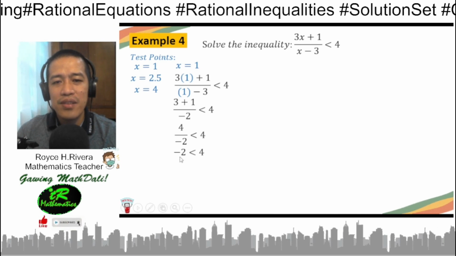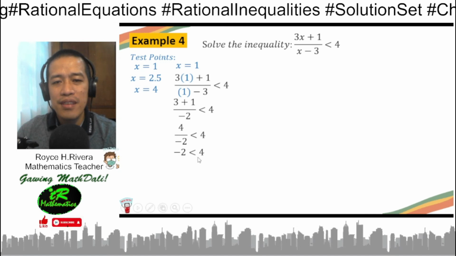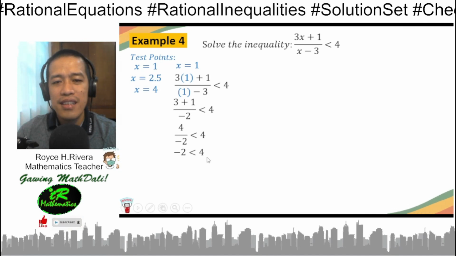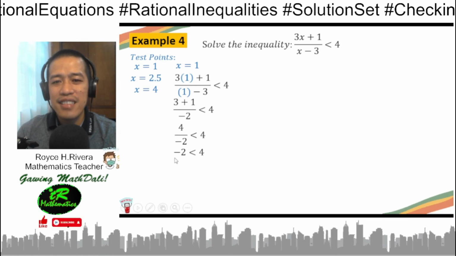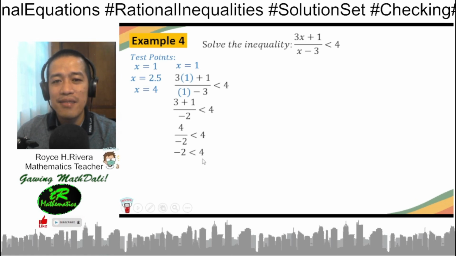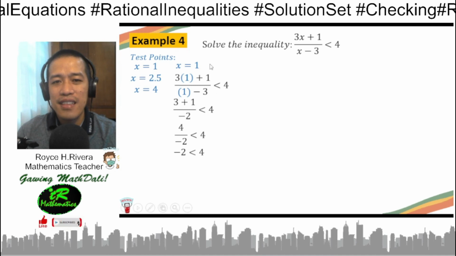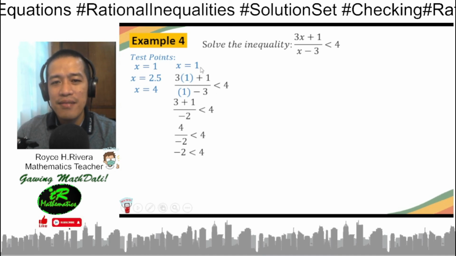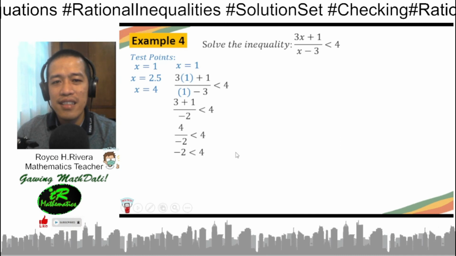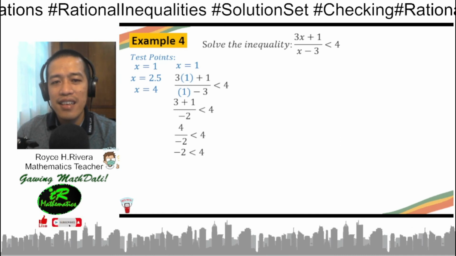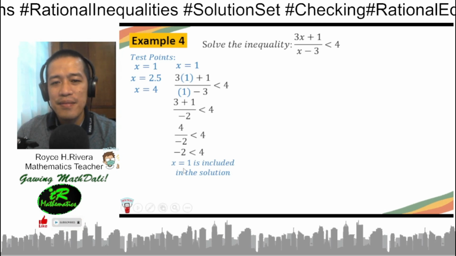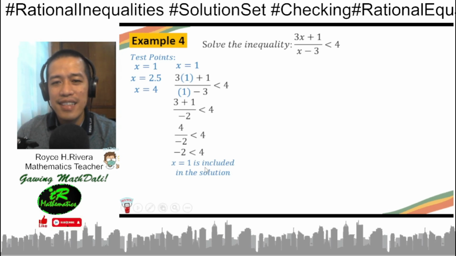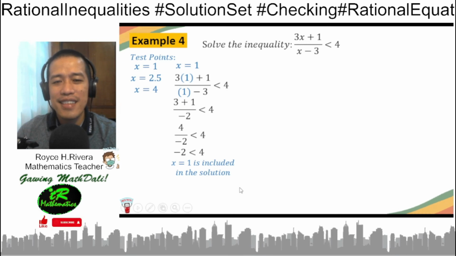The ratio negative 2 less than 4 is correct. Negative 2 is less than 4. Therefore, the value x equals 1 satisfy the inequality. And x equals 1 is included in the solution.